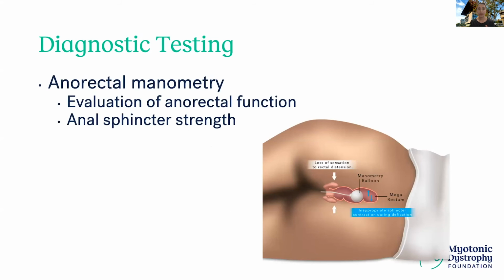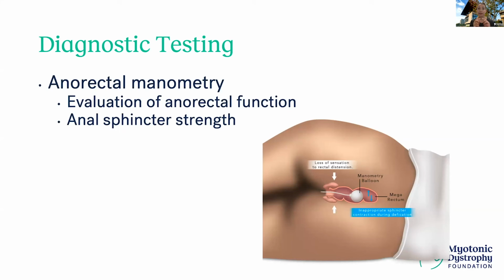But for evaluation of our patients who have any of these symptoms of constipation or fecal incontinence, we often use anorectal manometry. Anorectal manometry is a test that is performed to evaluate the function of the muscles, the anal sphincters, that are related to proper evacuation, and it measures the sensitivity and sensation at the level of the rectum as well.